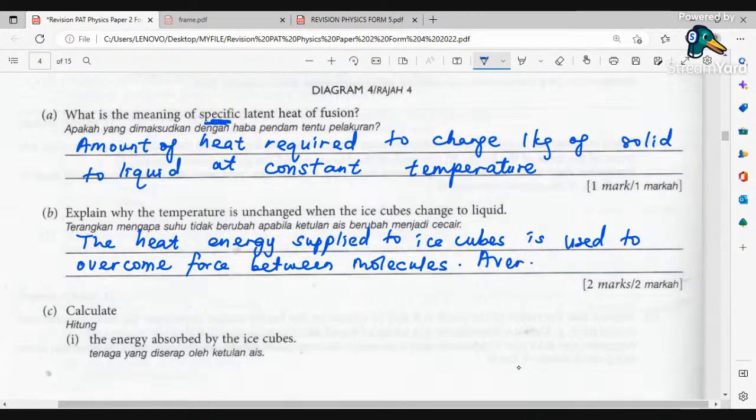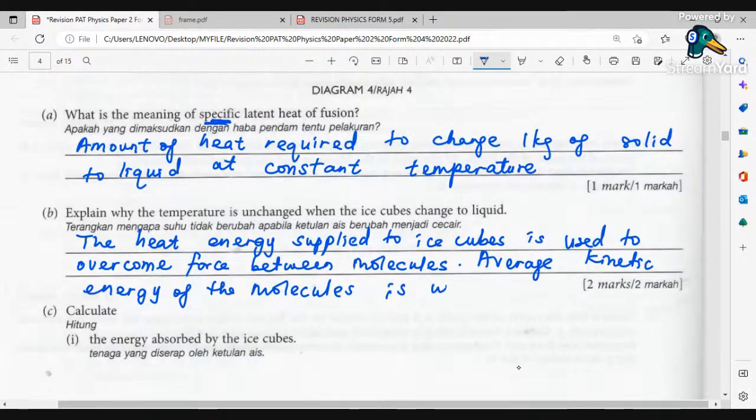Average kinetic energy of the molecules is unchanged, tidak berubah. So nampak tak 2 markah sini kan? So you kena do 2 point kat situ.